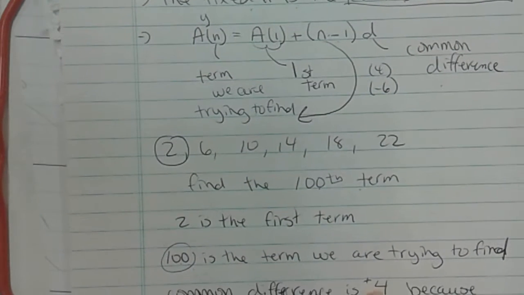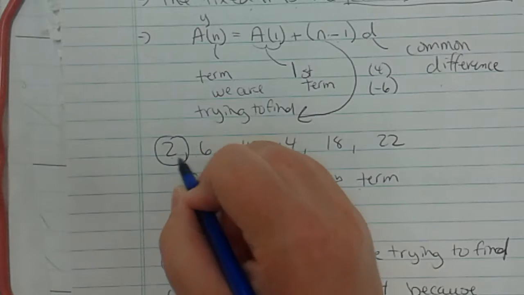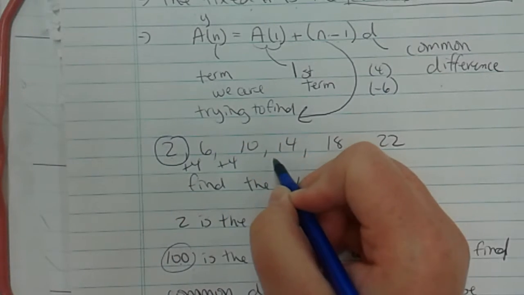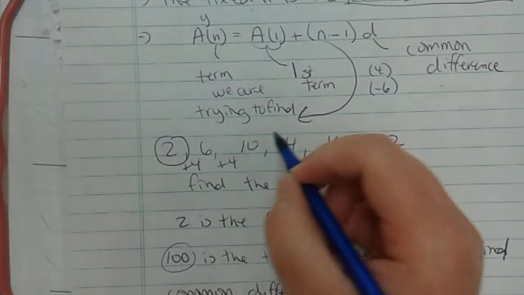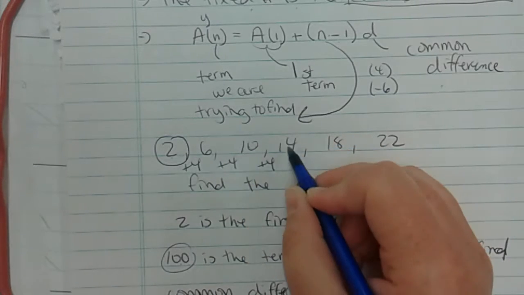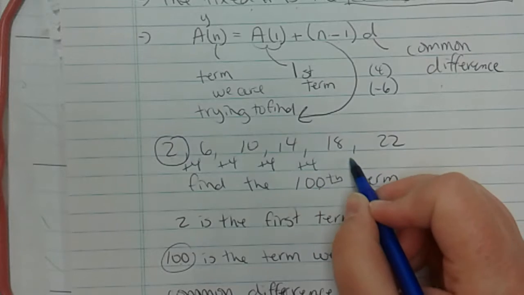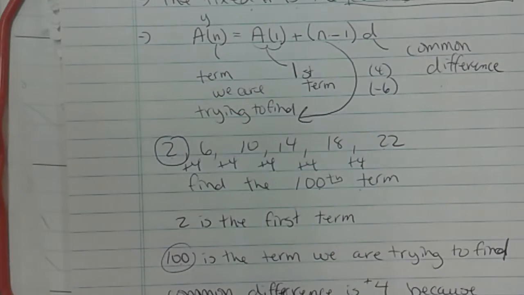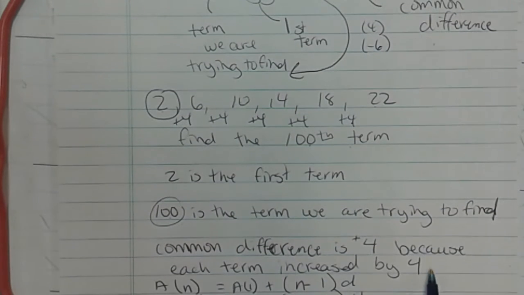And then I need to realize what is happening here. Well, 2 plus 4 equals 6. 6 plus 4 equals 10. 10 plus 4 equals 14. 14 plus 4 equals 18. 18 plus 4 equals 22. Therefore, 4 is going to be my common difference.